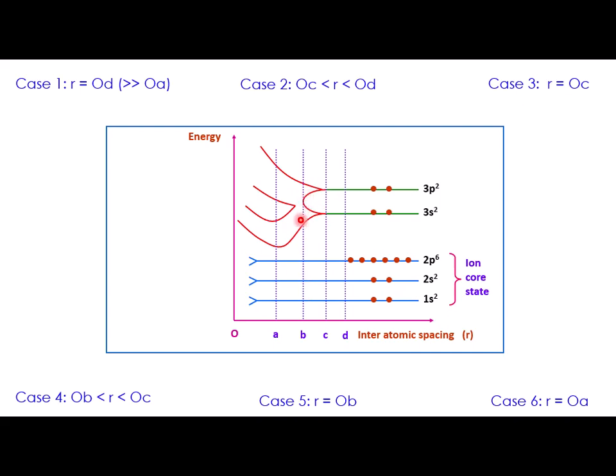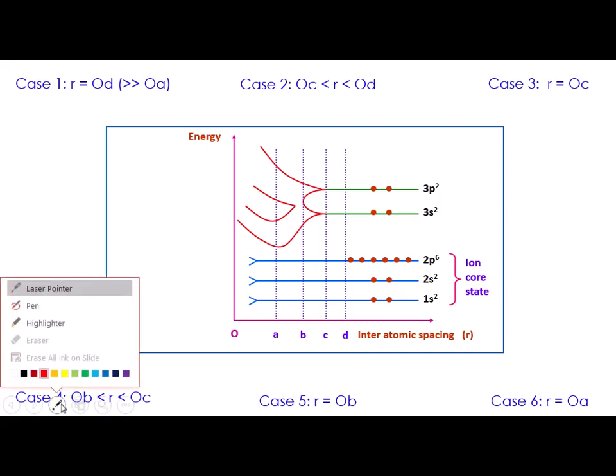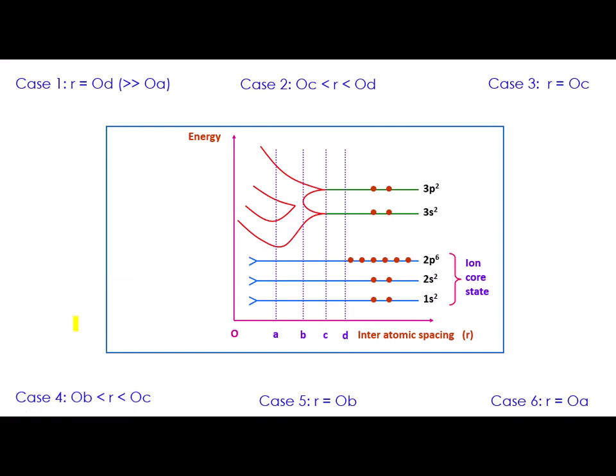You can see from the figure, let me highlight that portion. You can see from the figure that all these energy levels are getting modified, are getting merged. All these 8n energy levels are merged together at R equal to OB. They started merging with each other.